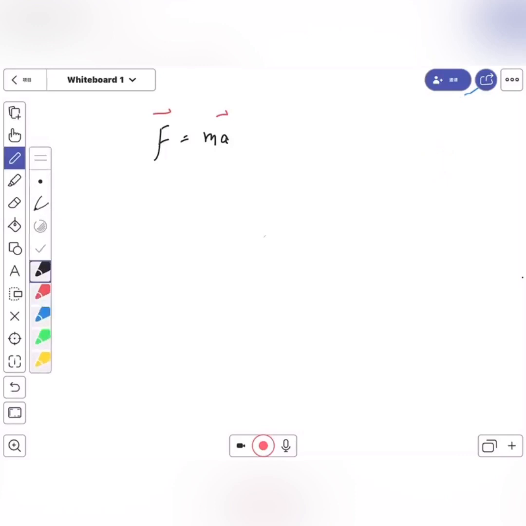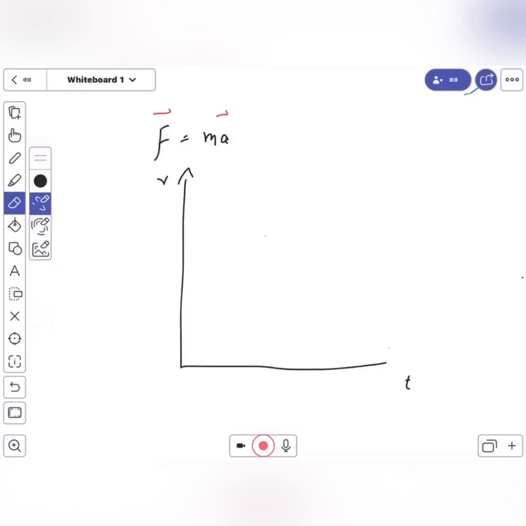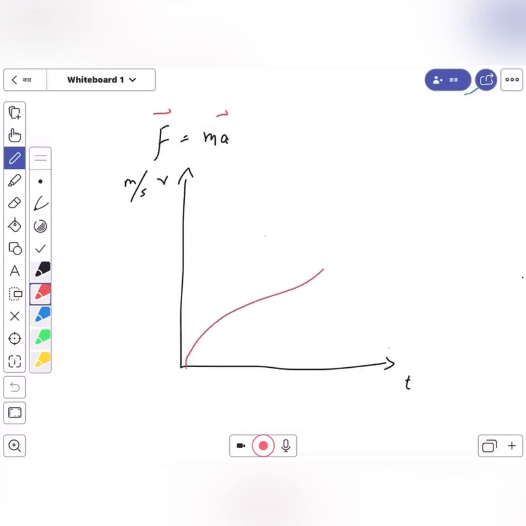So let's say I have a graph oriented as velocity and time. Time is just the normal time, in seconds, and velocity is in meters per second, to simplify. Let's say I have a graph like this.